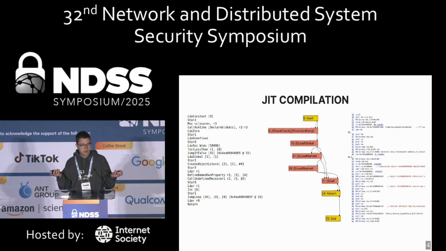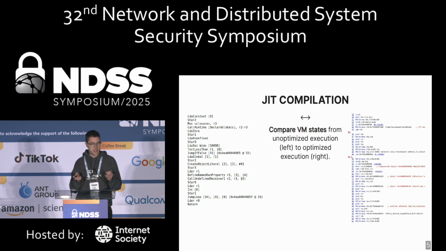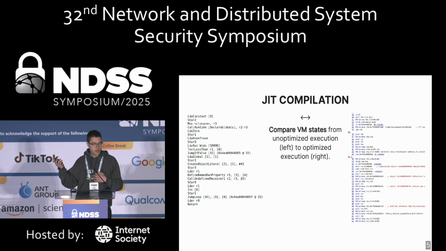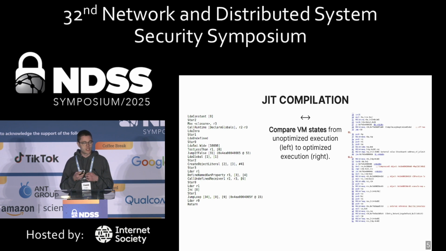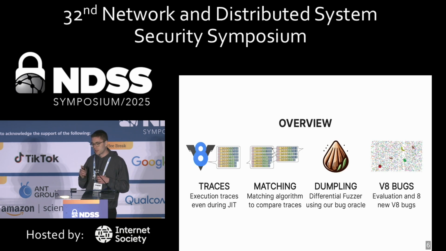Our idea in the paper is now to run the same program twice, once with optimizations disabled on the left, and once with all the optimizing JIT compilers enabled on the right, and compare these VM states I just showed you at a high frequency to detect such differentials.